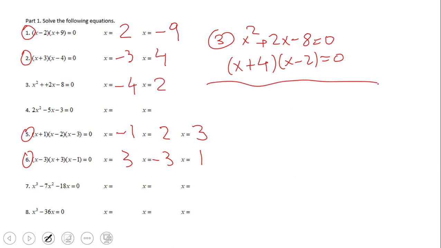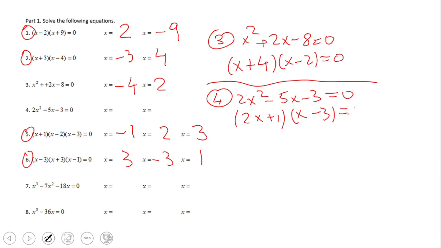For number 4, 2x squared minus 5x minus 3 equals 0. The factored form will be 2x plus 1 times x minus 3 equals 0. So that will give us x equals -1/2 and x equals 3.